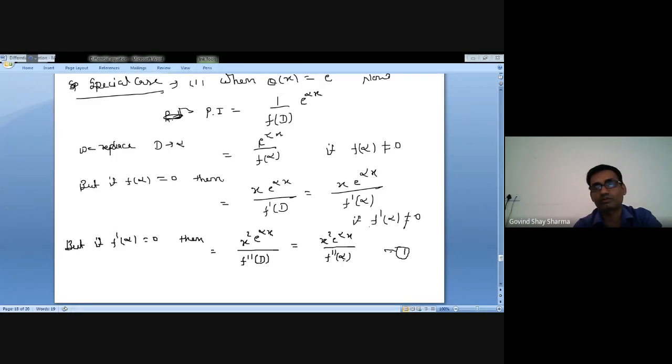This is the solution if Q(x) is e to the power alpha x.